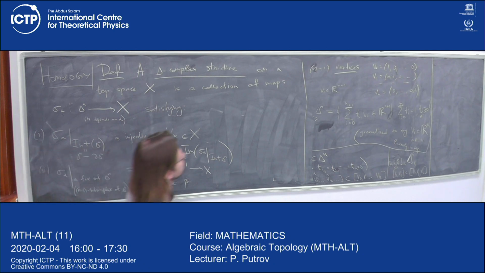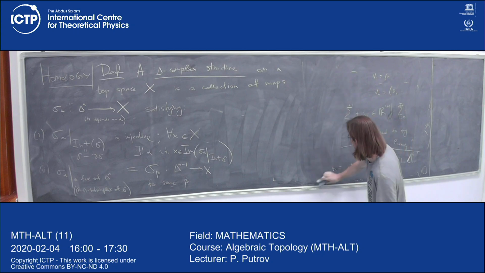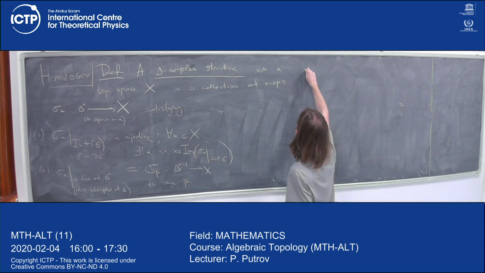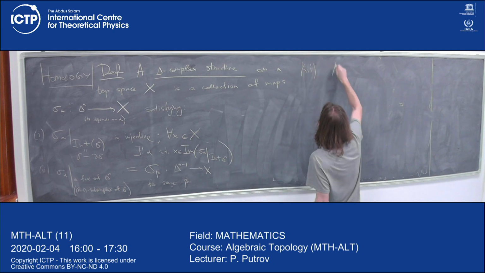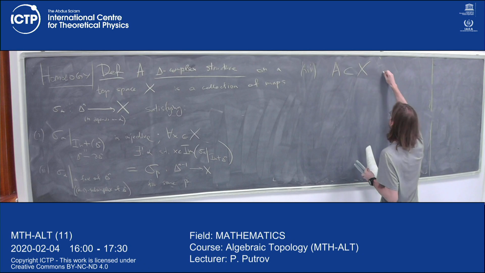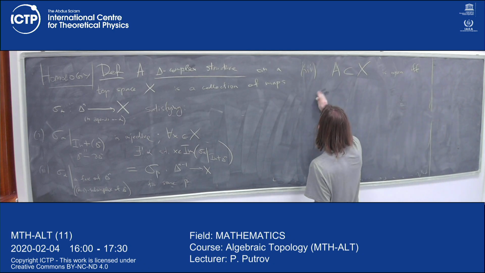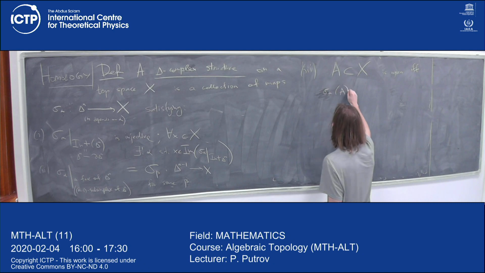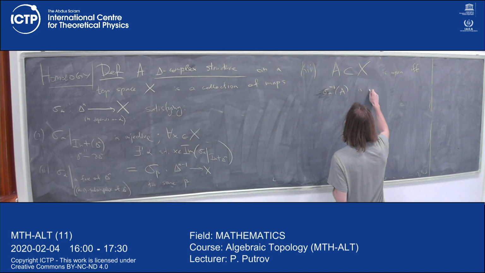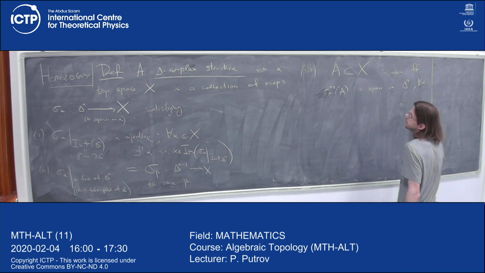Okay, and finally, the third property is that a subset A in X is open if and only if its preimage under any sigma alpha is open in my simplex.